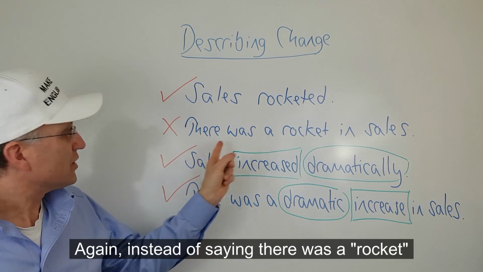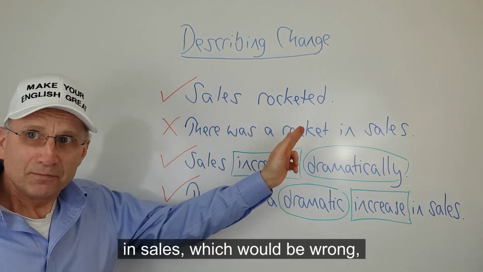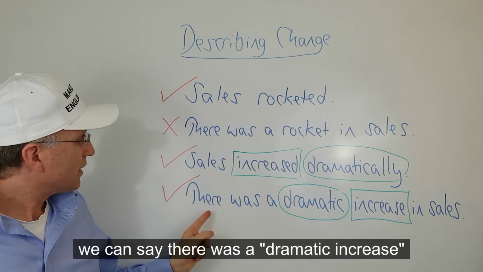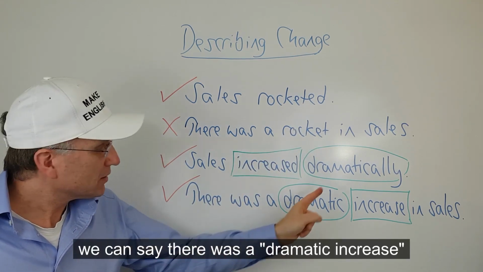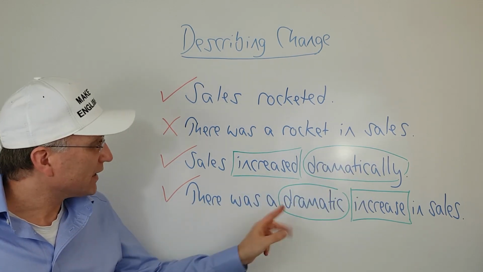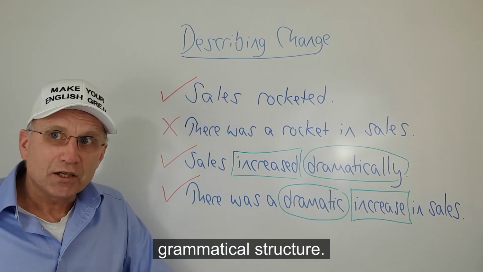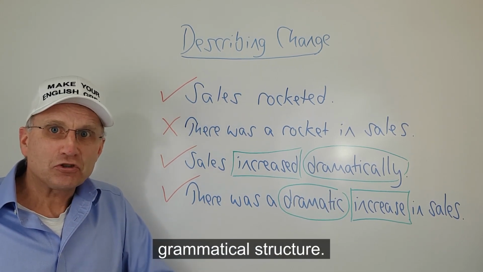Again, instead of saying there was a rocket in sales, which would be wrong, we can say there was a dramatic increase in sales. And again, you've got an extra word and it's a more sophisticated grammatical structure.